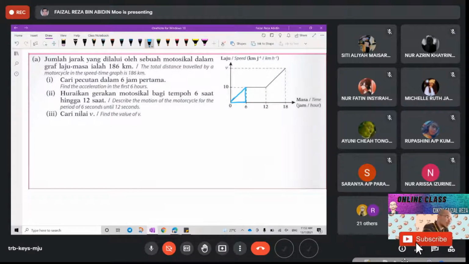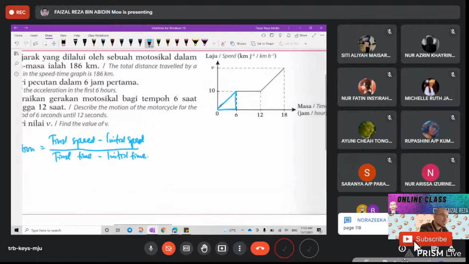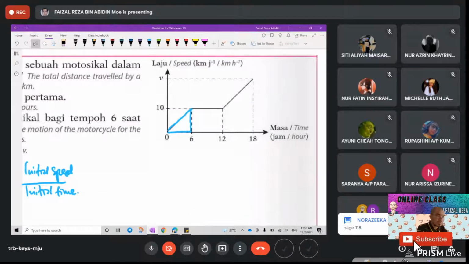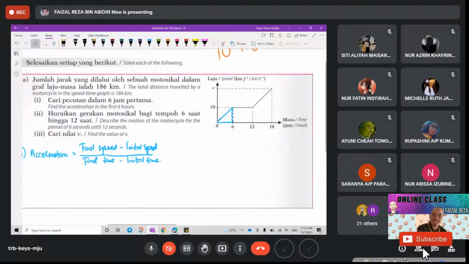Remember, to find the acceleration, we have final speed minus initial speed, over final time minus initial time. For this one you have to determine. Oh yes, Norazika, page 118. Somebody is asking, I didn't look at the chat there.